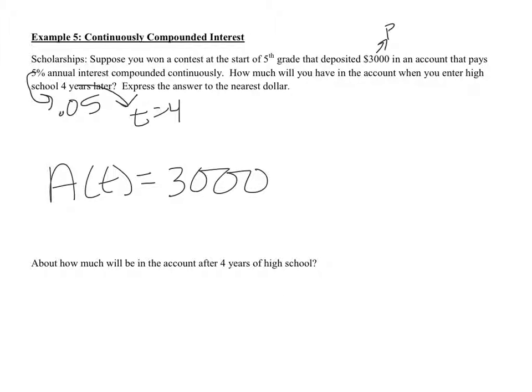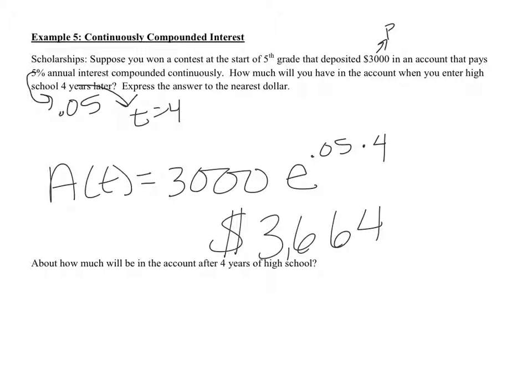And since it's continuously compounded, it's e raised to your rate, so in this case 0.05 times the years, 4. If you plug that all into your calculator, you should get $3,664. I want you to answer the second one. How much would be in that account after 4 years of high school by yourself?